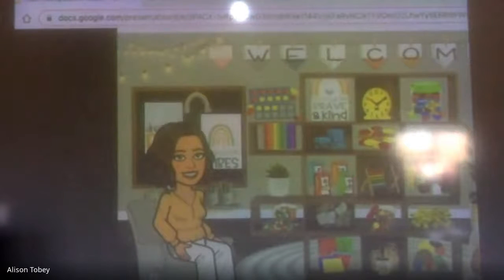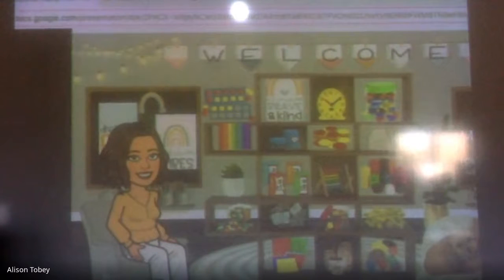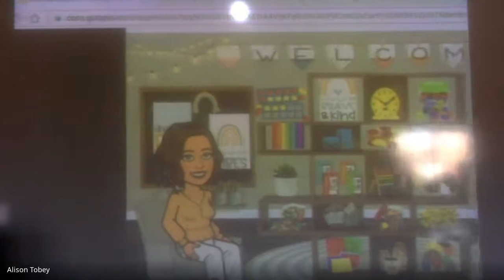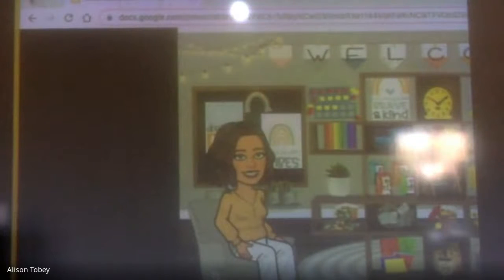You can build with these blocks like this. If you guys have time and you want to play around on it, you can go to the Canvas page and click on this picture here and it'll let you play with some stuff. So that's something you guys can do if you have time. All right.